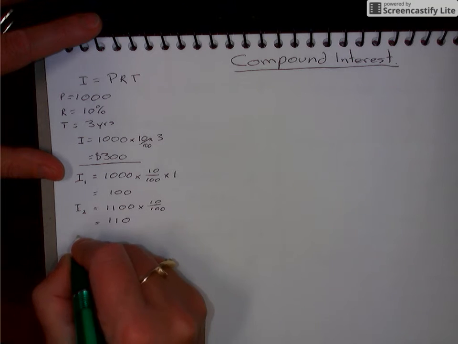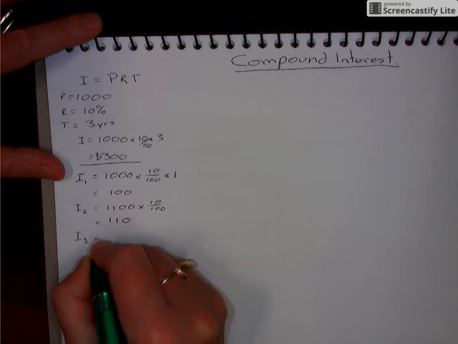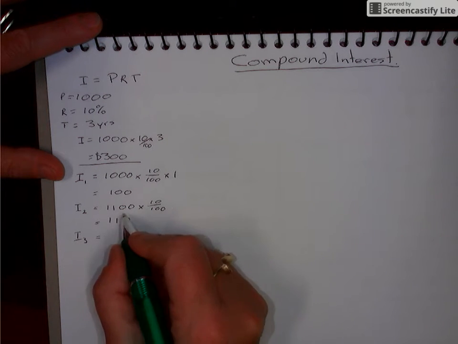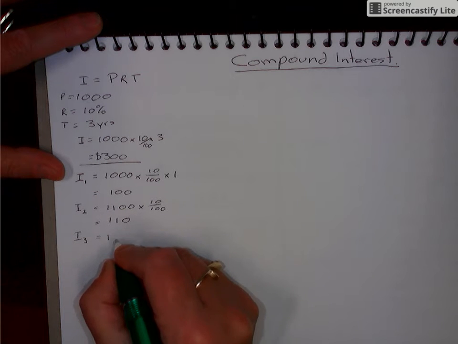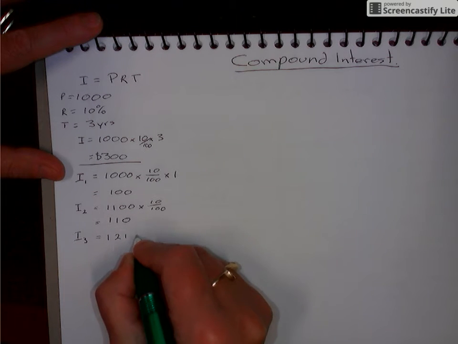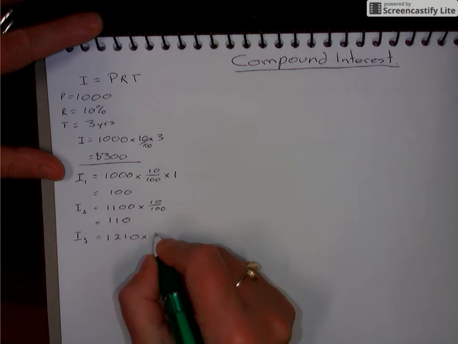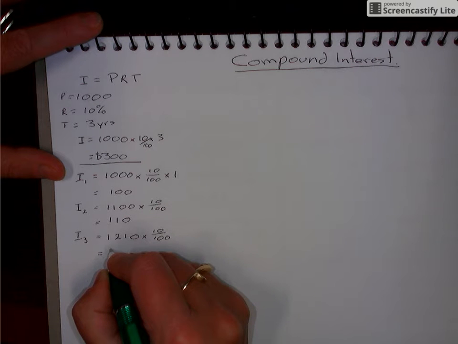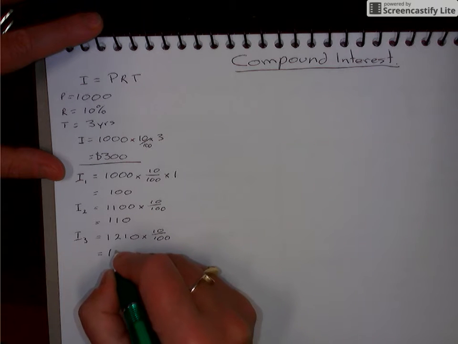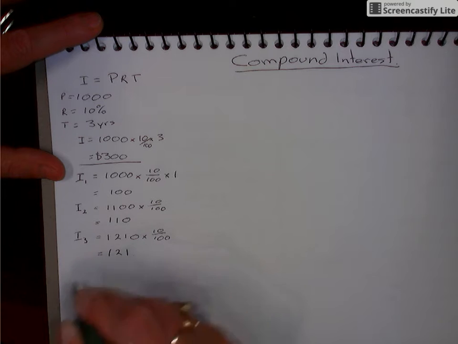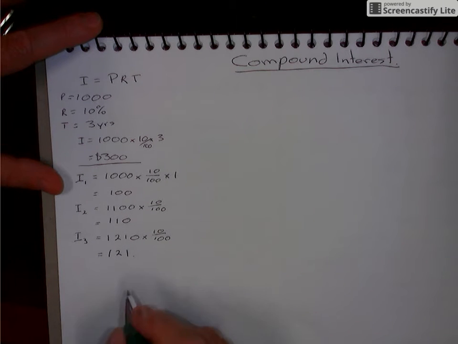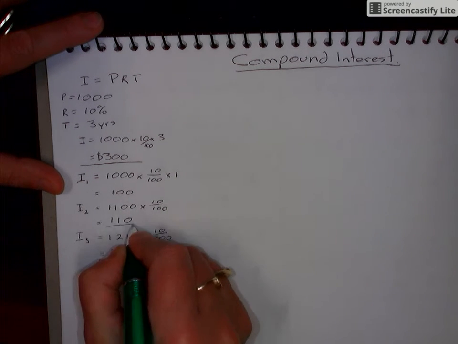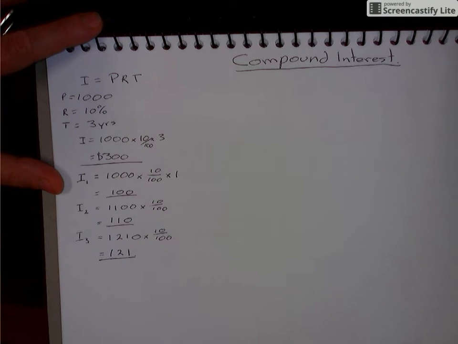So now I'm starting my third year where I say, all right, I now have $1,210 and I get 10% of that. So at the end of my third year, I now get an interest of $121. So my interest over all 3 years calculates out at these three numbers.